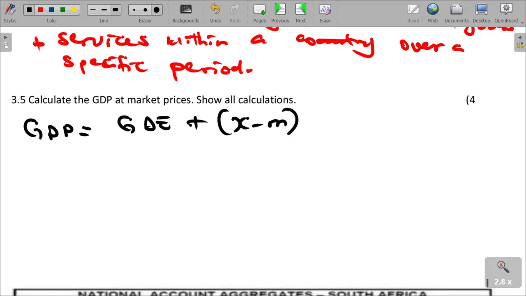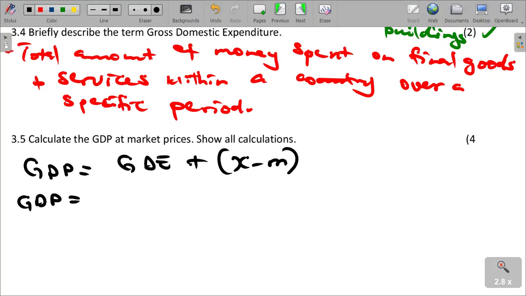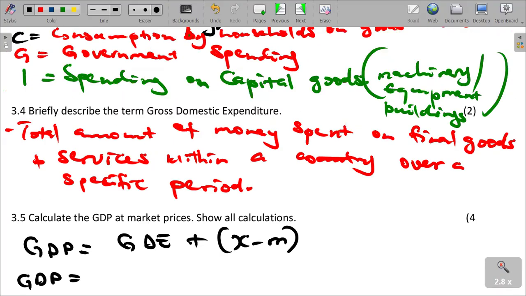Therefore, when you do that, we can say GDP is equal to gross domestic expenditure, which is on our table.